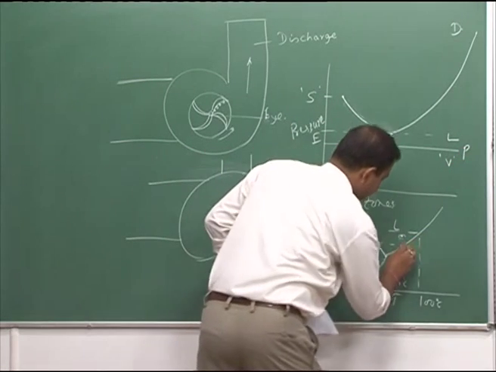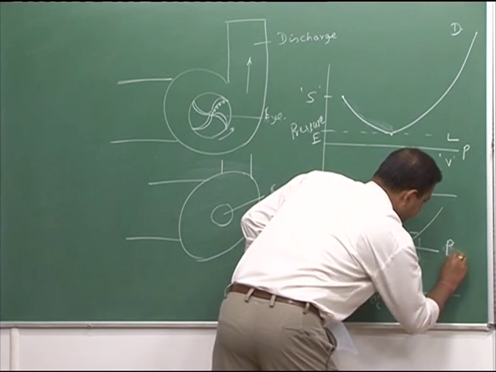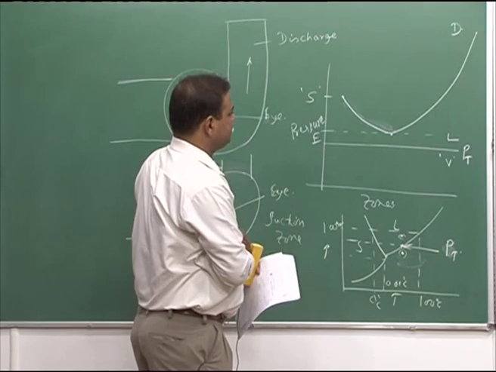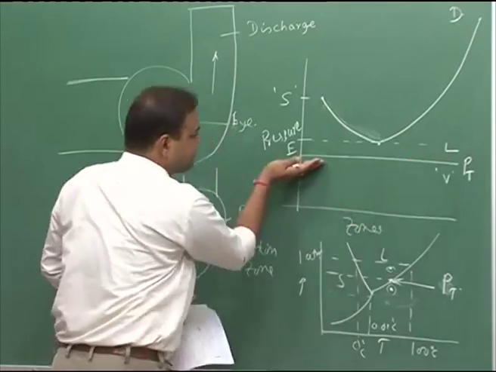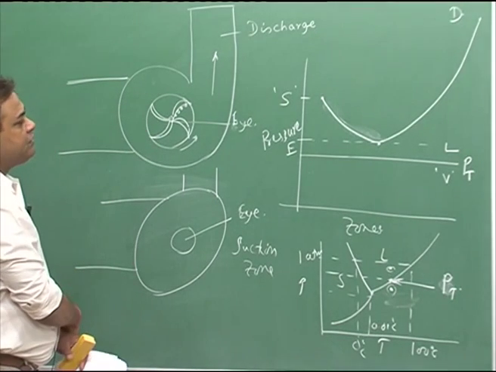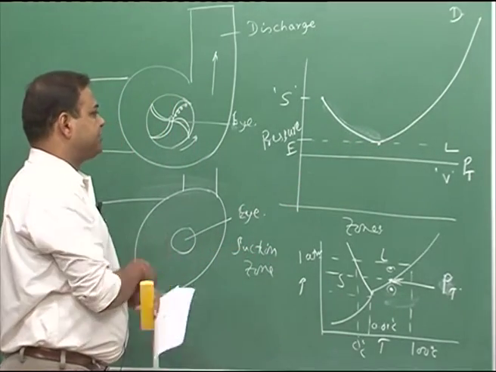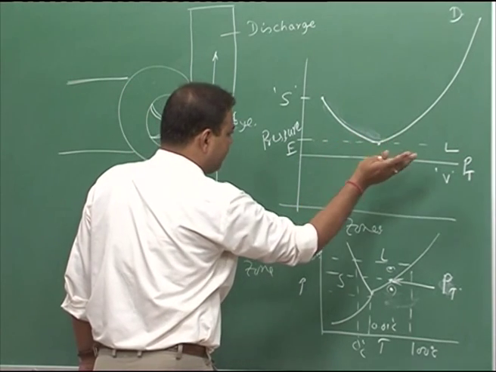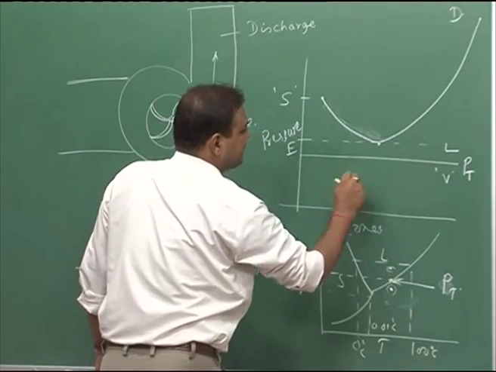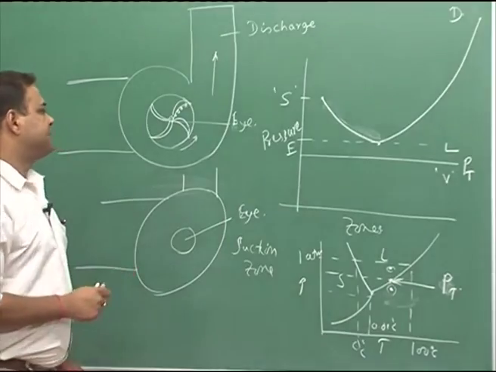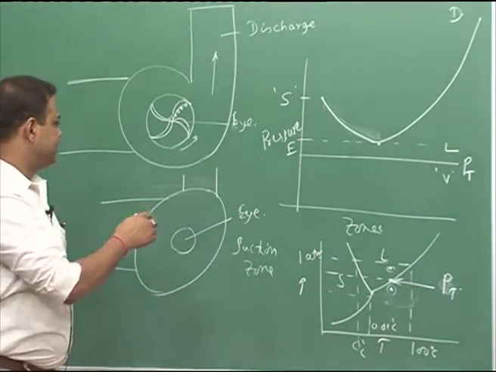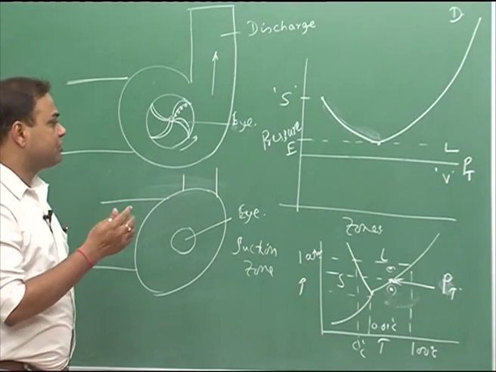Let us say this pressure is P_v at temperature T. If the pressure needed for evaporation at that temperature is below the pressure the water experiences during the suction and centrifugal operation, then we should not have any cavitation problem, because the vapor will not form.